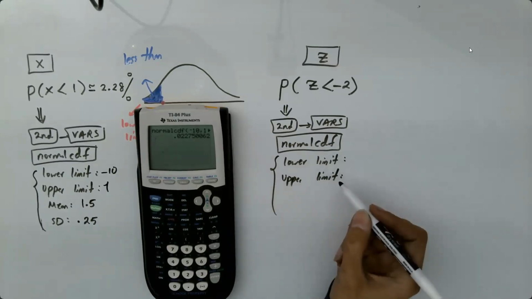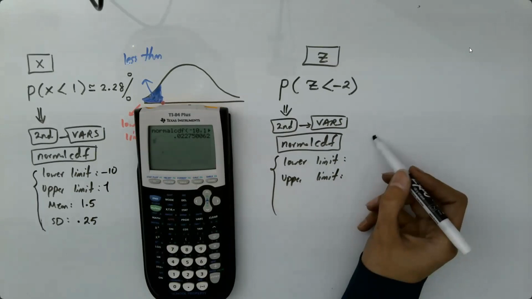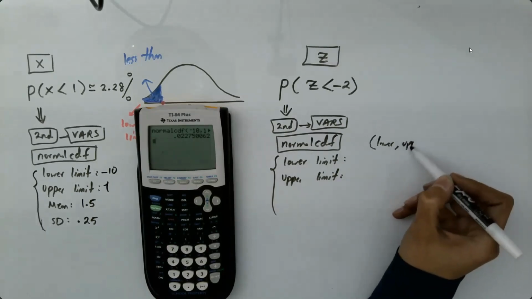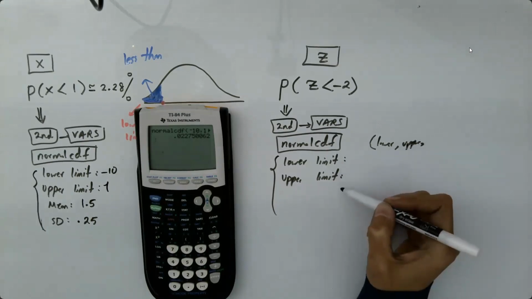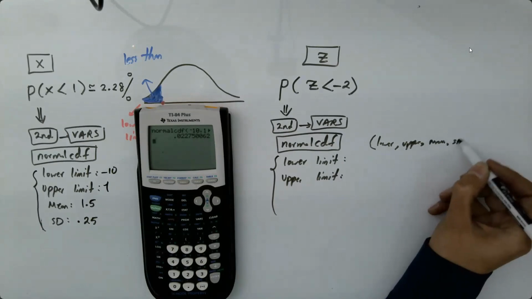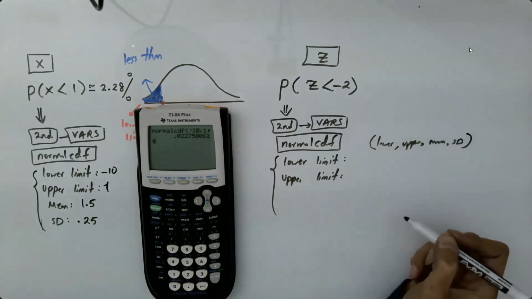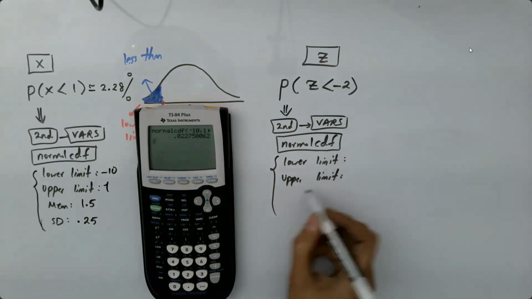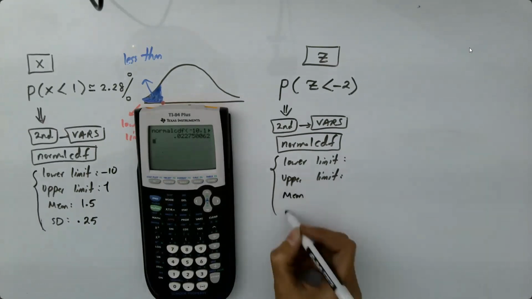If you're using TI-84, you're just going to use parentheses, lower limit, comma, upper limit. Just enter the numbers comma separated, the mean, comma, standard deviation, close the parenthesis, and do the calculation. It's going to be the same. Upper limit, mean, standard deviation.